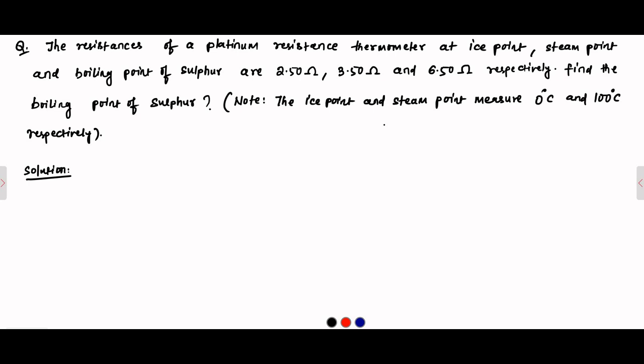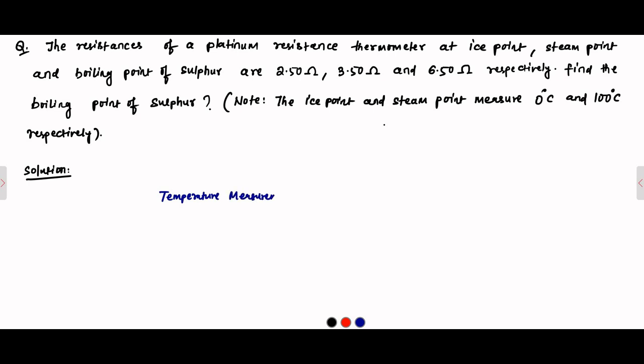Okay. So again, the reason why I am including these kind of questions is because it is based on temperature measurement. So far, let me just give you a quick background on this whole thing. We are discussing temperature measurement.